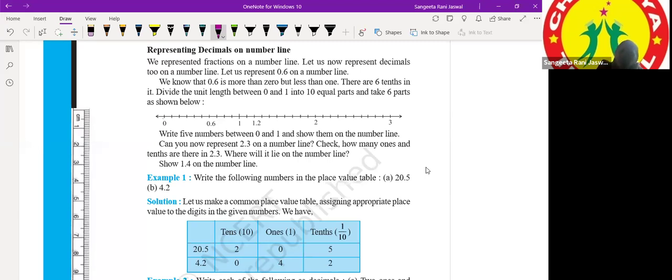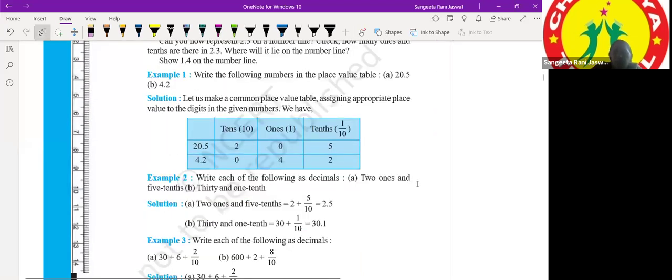So the first marking is 0.1, 0.2, 0.3, 0.4, 0.5, then 0.6, 0.7, 0.8, 0.9, and after that, if we add 0.1 again, we get the next number as 1. And in the same way, then 1.1, 1.2, and so on.